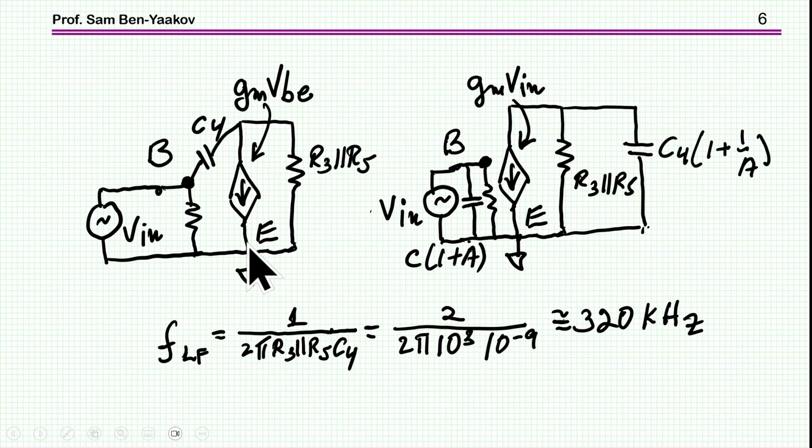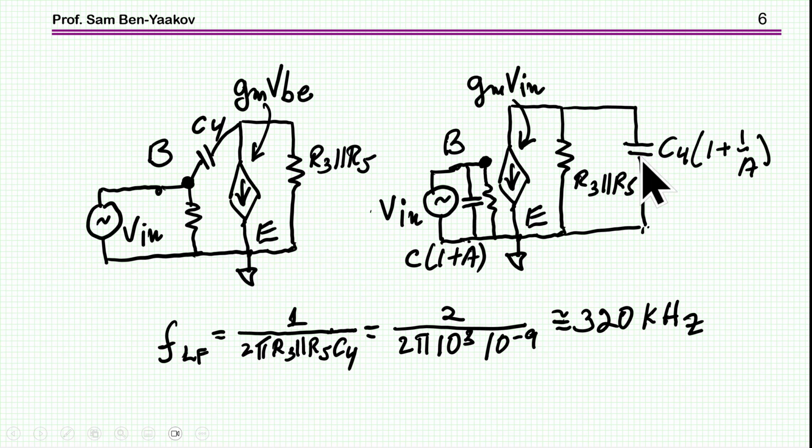There is some effect, and here I'm showing the small signal equivalent circuit of this amplifier. There is some effect because at the output we see also this capacitor. This is now the capacitance at the output. At the input it doesn't make any difference because this is a voltage source which has a very low AC resistance, like ground.